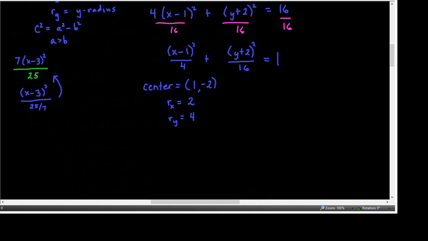Okay, so I'm going to start plotting this. This is the way my mind goes at it. Once I have found all of the information I can from the equation itself, that is the center, the x radius, and the y radius, that's when I'm going to start plotting things so that I have a good handle on what's going to happen.